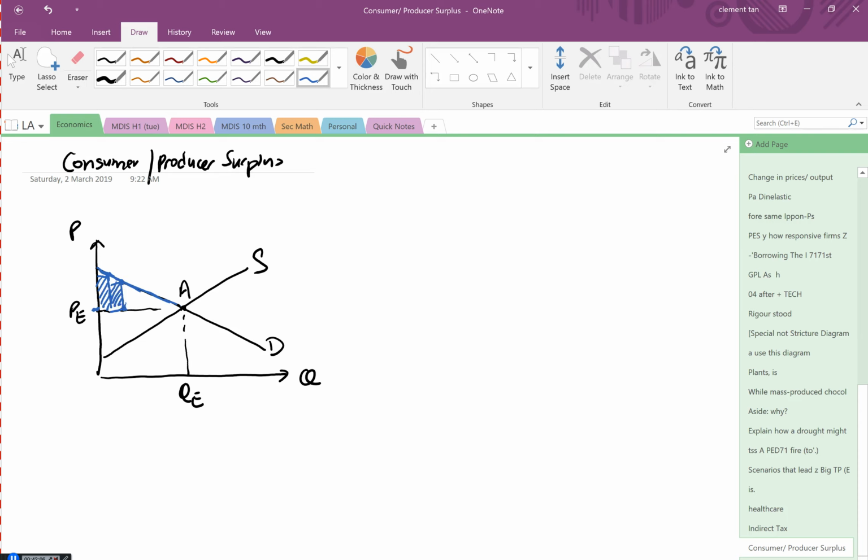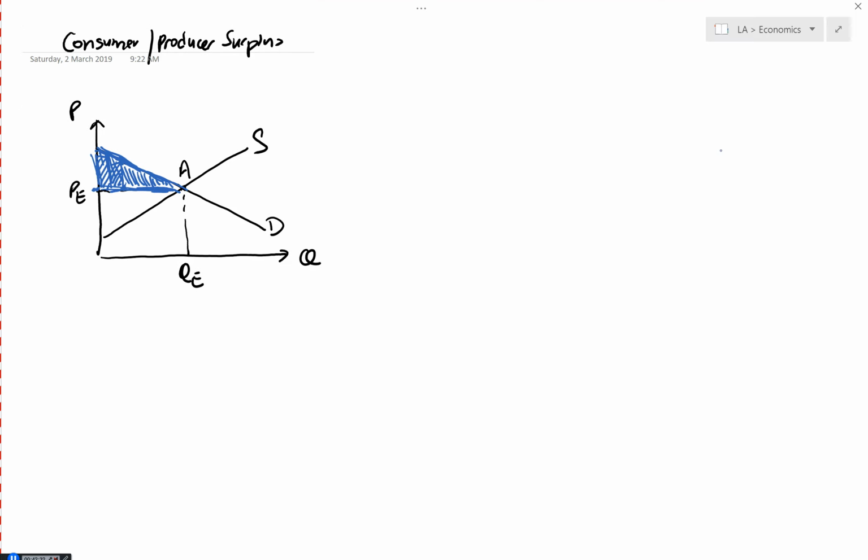So of course, we sum it up, we integrate it, and say that generally the area below the demand curve and above the equilibrium price is the consumer surplus. The consumer happiness, the extra happiness that he or she has. So this is what we call the consumer surplus.